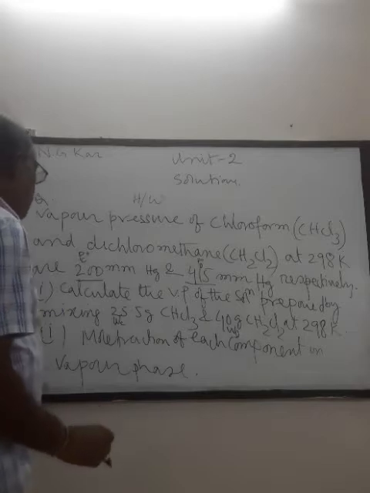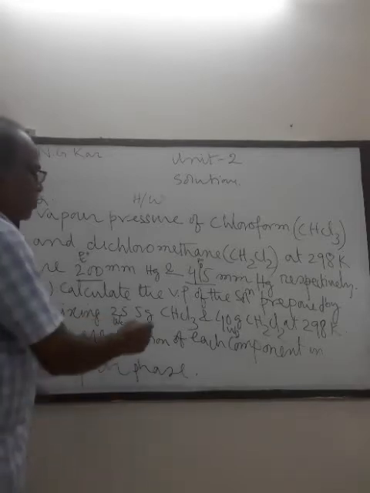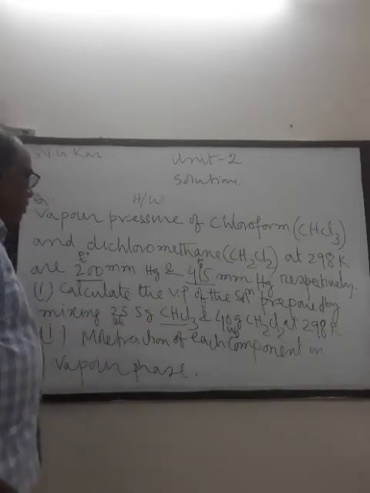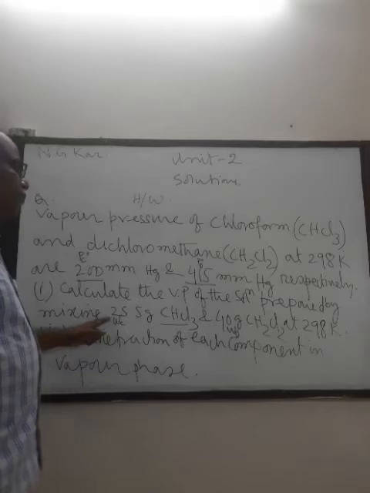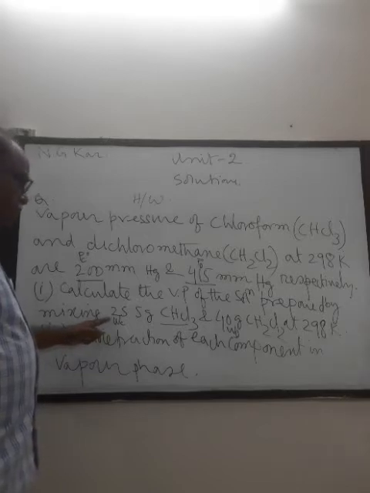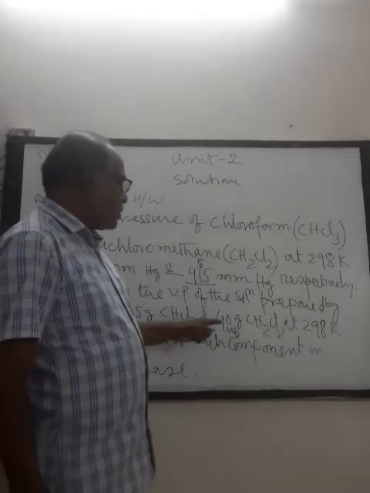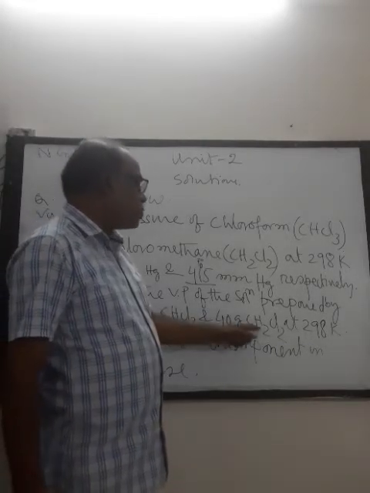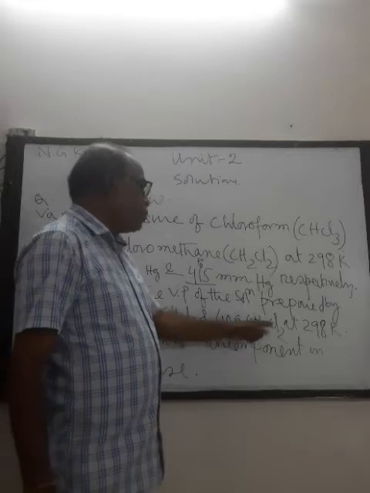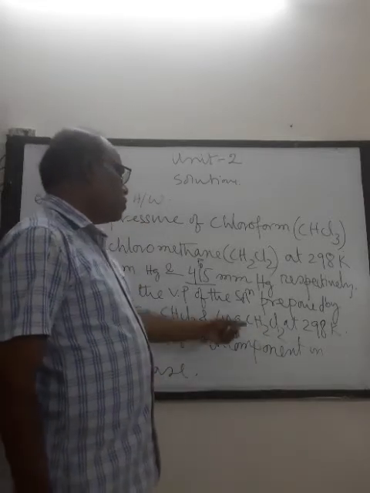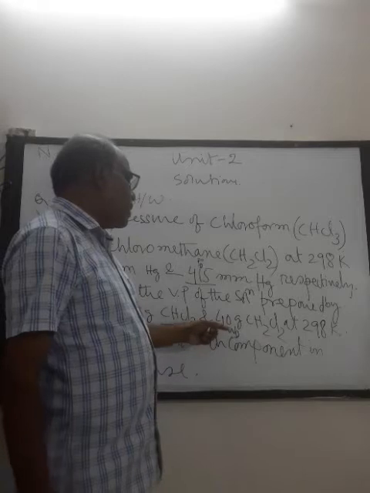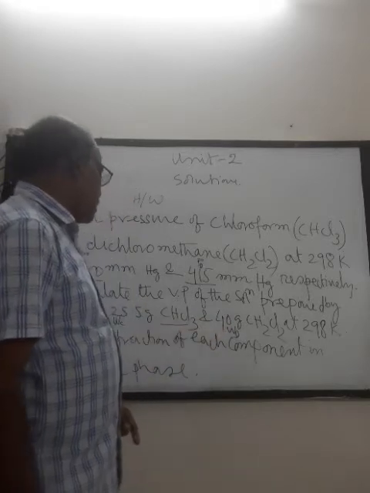If we divide mass by molar mass, we get the number of moles of chloroform, and if we divide 40 by the molar mass of dichloromethane, which is obtained from the formula, we get the number of moles of dichloromethane.